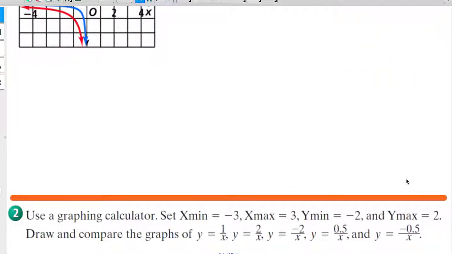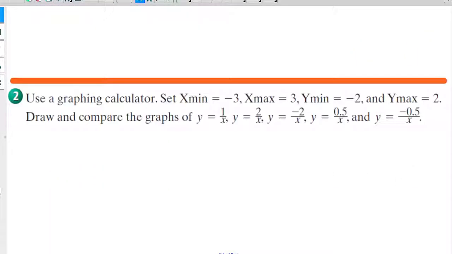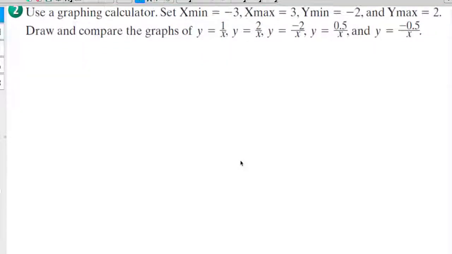All right, so now let's go ahead and take a look at doing the -2 over x. Now I did this one in class for you guys, and if you weren't in class, this is the one I selected. We have y equals -2 over x.